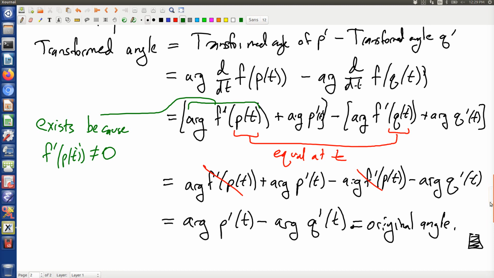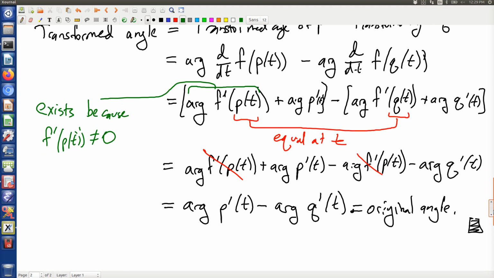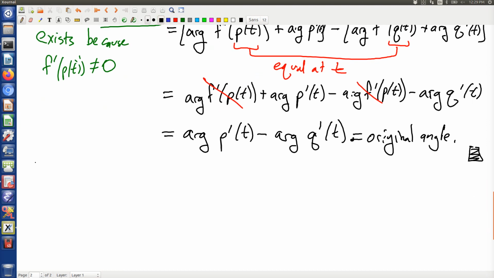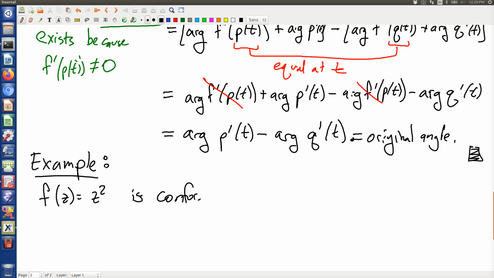So now it allows you to ask really basic questions about where various mappings are conformal. For example, f of z equals z squared is conformal for all z not equal to 0.